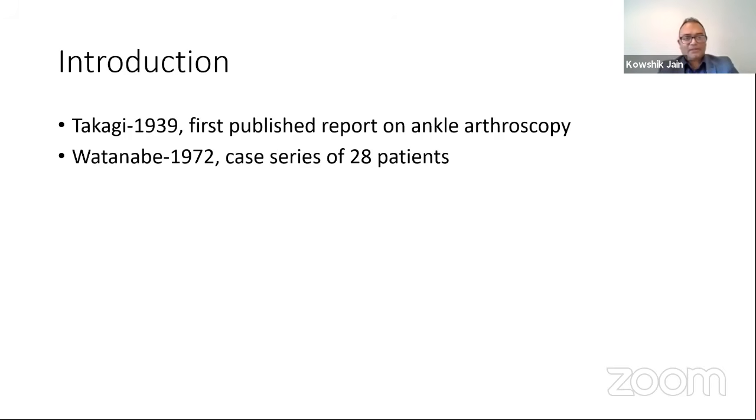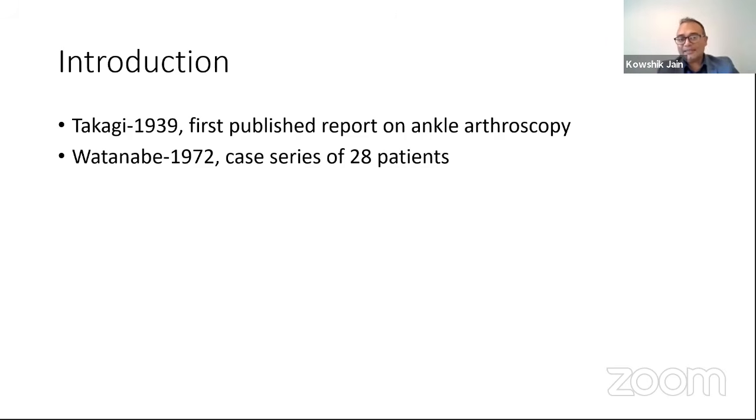Starting with introduction, as many of you might be aware, Japanese surgeons have contributed a lot when it comes to arthroscopy in general. Watanabe is the father of arthroscopy, and he was the first person to perform knee arthroscopy, as many of you know. The first report of ankle arthroscopy was from another Japanese surgeon. His name is Takagi.